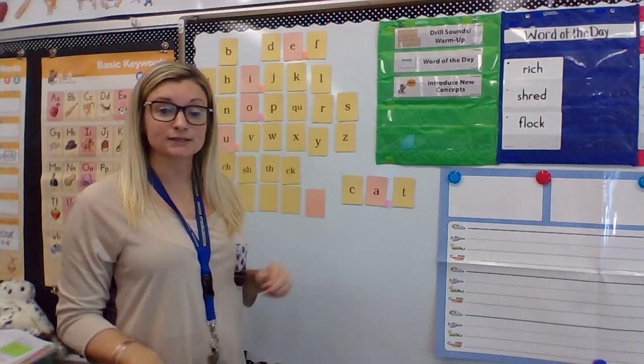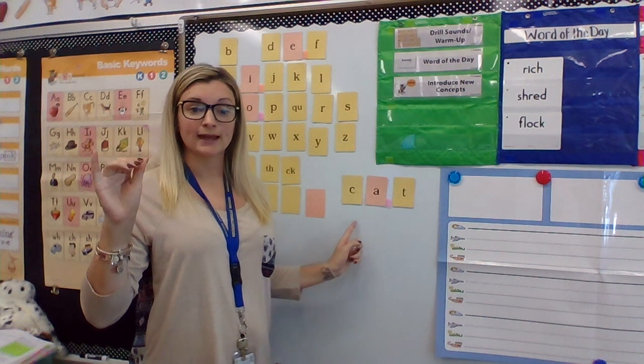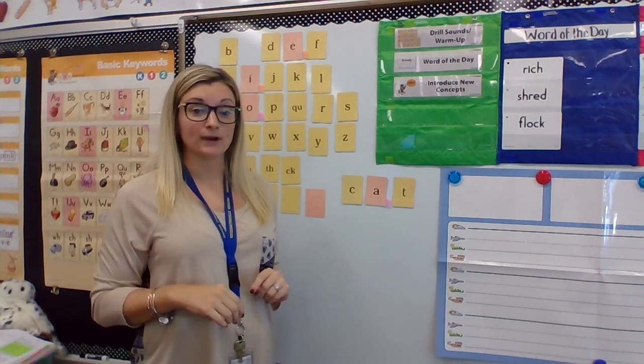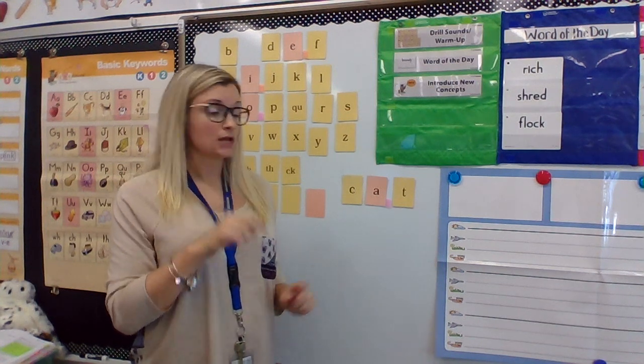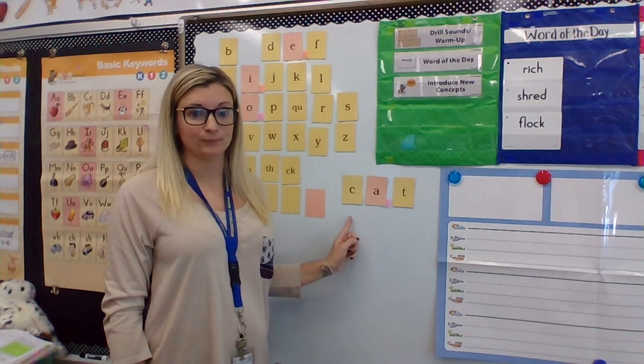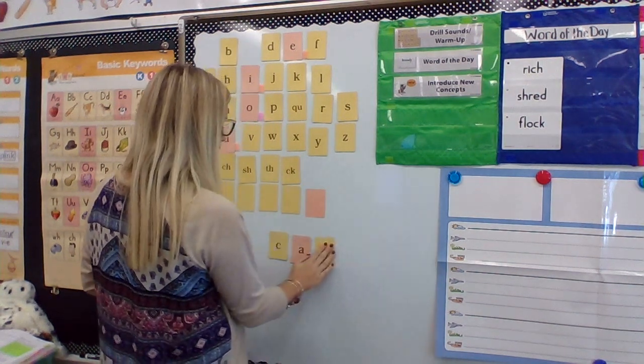Here's our first word. Let's go ahead and tap it out. Cat. Now, when I say that word cat, that's one breath, so that's one syllable. But I can add something to that word.